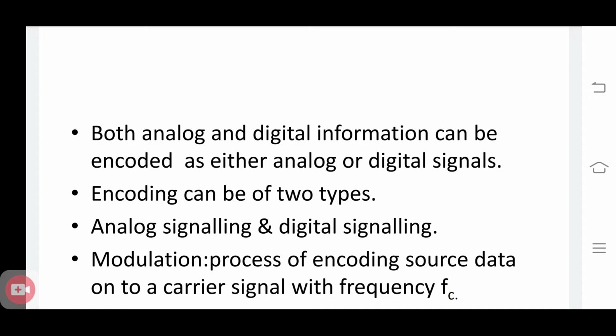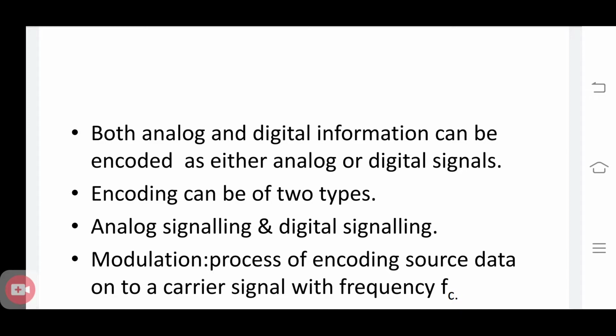Then what is the difference between signal encoding and modulation? Encoding is the conversion of analog or digital data to an analog or digital signal. But modulation is encoding the source data onto a carrier signal.